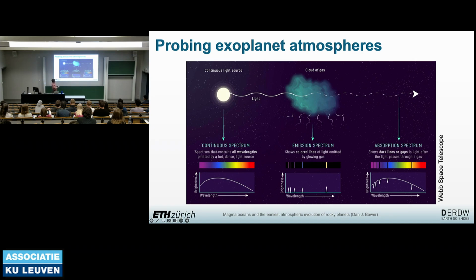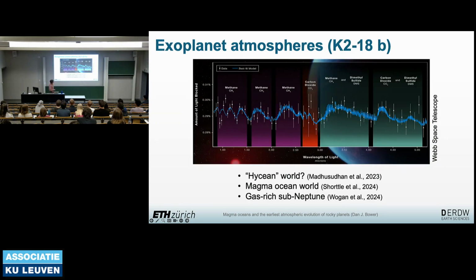So emission and transmission are the two main ways in which we're now probing exoplanetary atmospheres with JWST, and of course have always done so. It's just that JWST is providing such fine resolution and an extended wavelength range. So this isn't just something that will happen, this is now happening, and this is an example of an exoplanet, K2-18b.